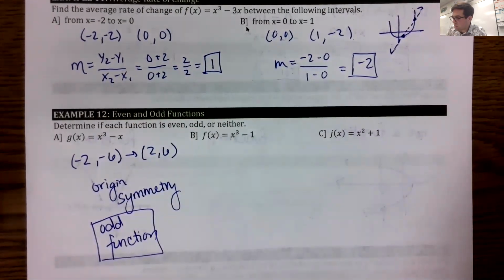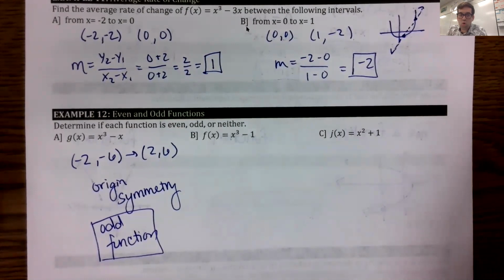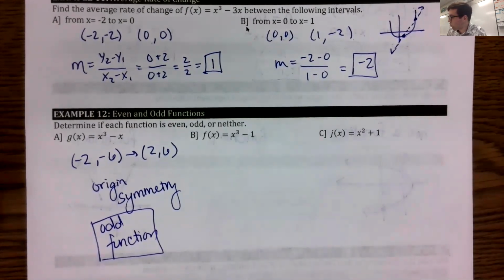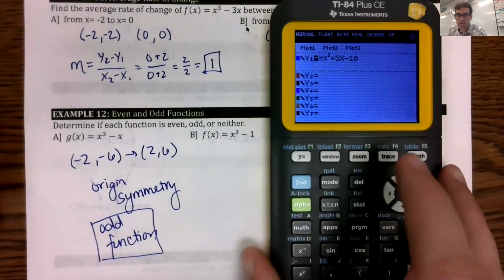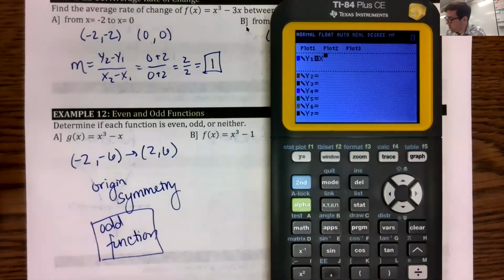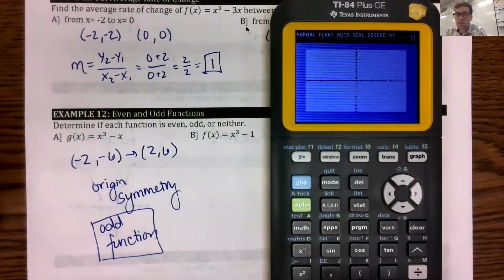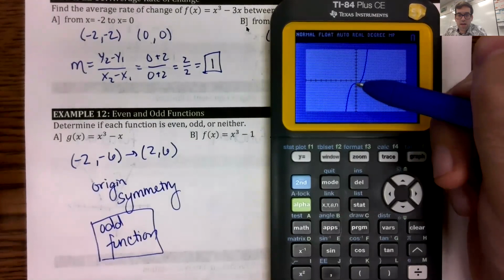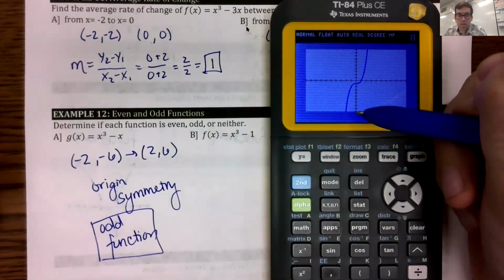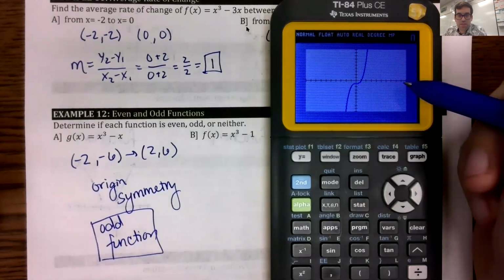Letter B, x cubed minus 1. If you start to look at the ordered pairs for that one, which I'll pull up real quick. If we look at the graph first, you'll see that it's definitely not y-axis symmetry. It's not x-axis symmetry.